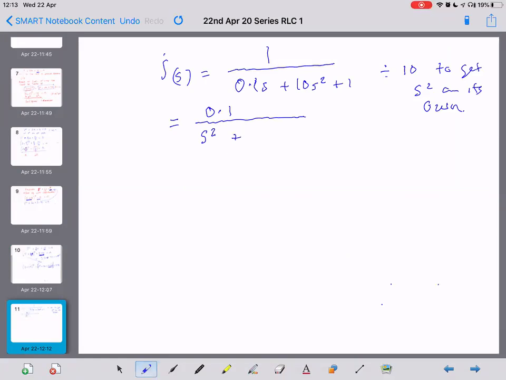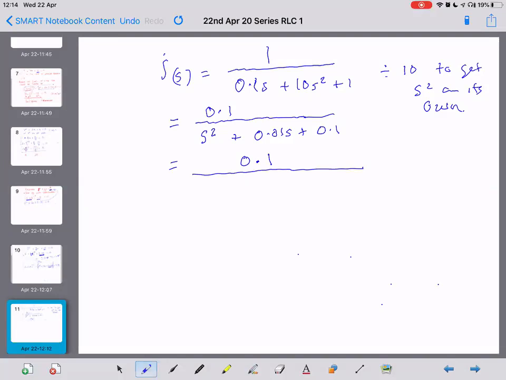Then I'll put the s term, 0.01s, and then I'll put the constant 0.1 on the end. All happy that we divide that expression by 10 to get s squared on its own? Then, applying the method we've used with the perfect square, you need to keep 0.1 on the top.